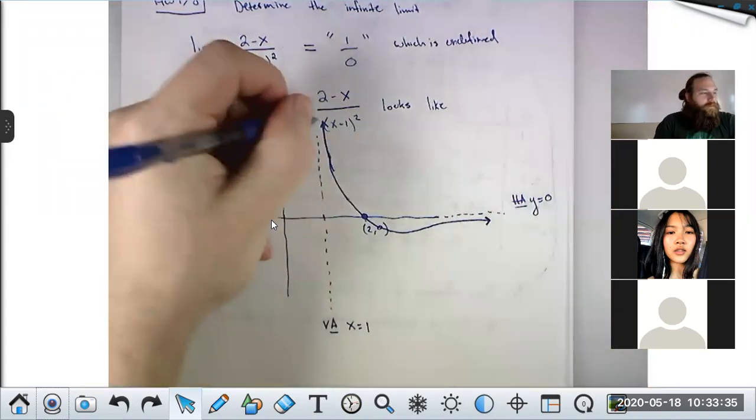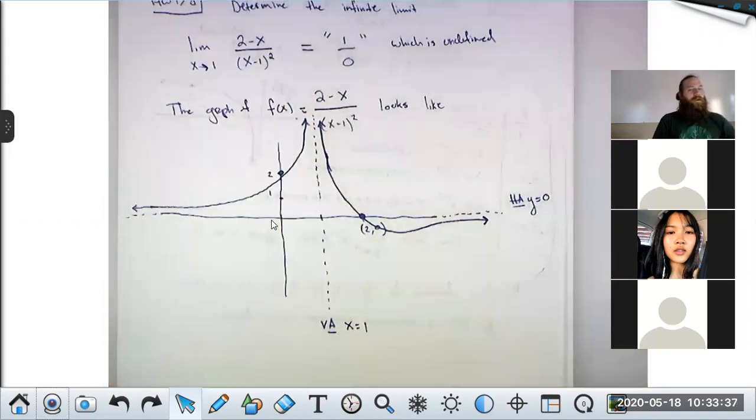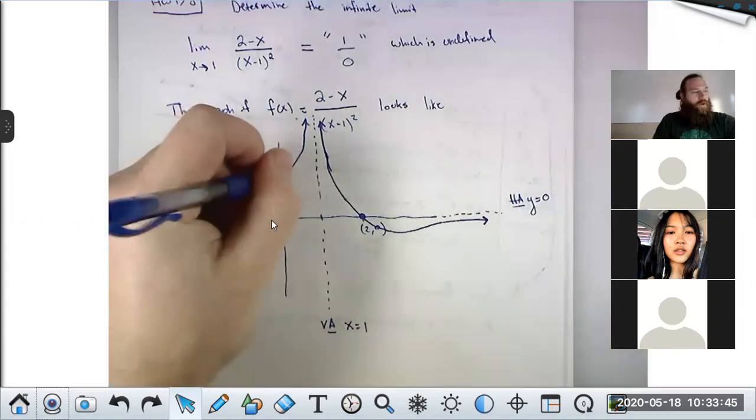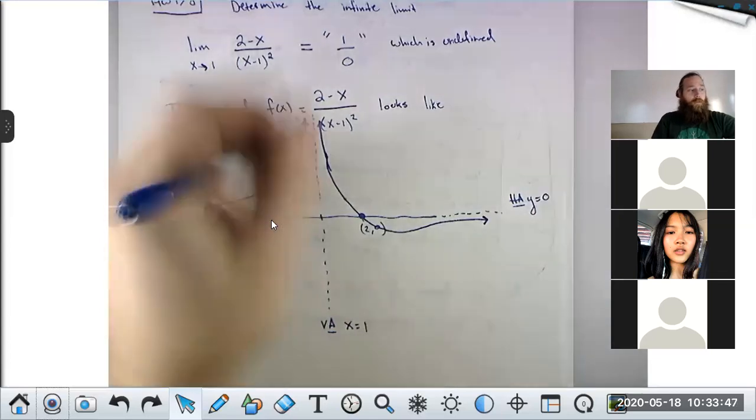Now, based on this graph, what happens as x approaches 1? It goes to infinity? Yeah, we're going up to plus infinity.